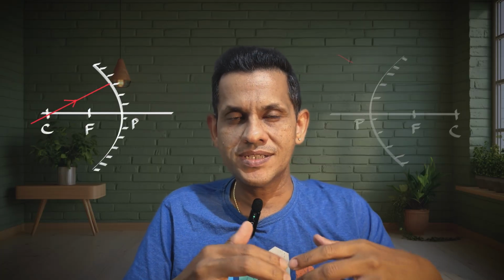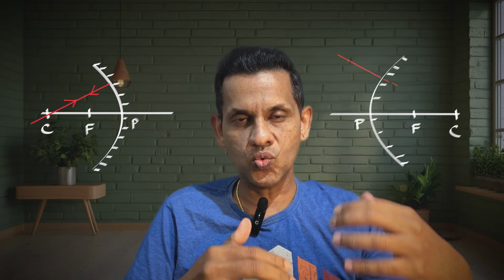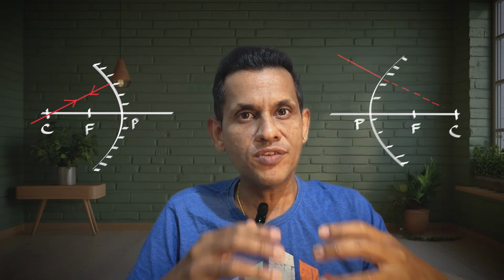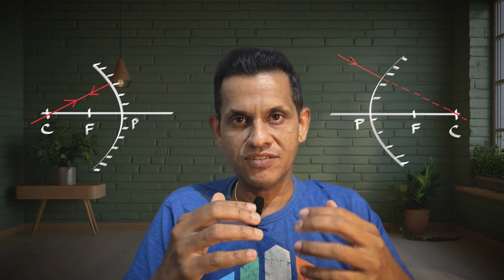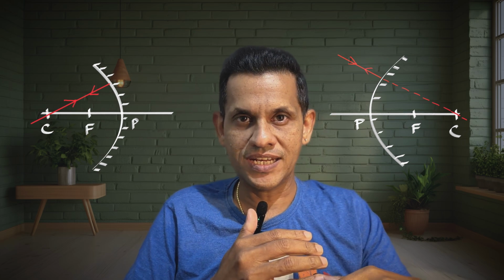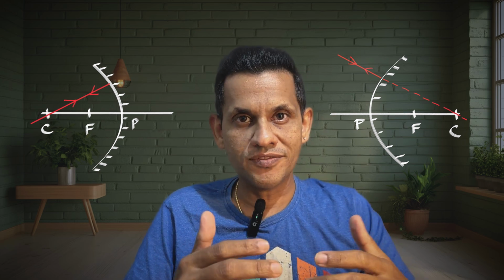So if you've noticed while drawing the diagrams for the concave and convex mirror, you must have seen that if a light ray is passing through the center of curvature of the concave mirror, or say appears to pass through the center of curvature of a convex mirror, it is reflected back in the same direction. So what could be the reason for this?